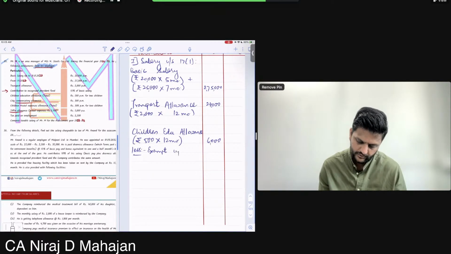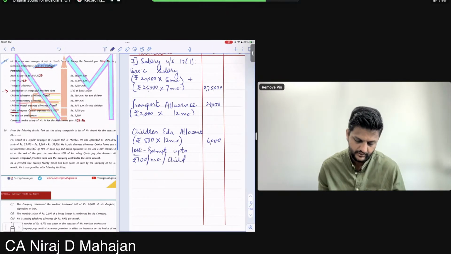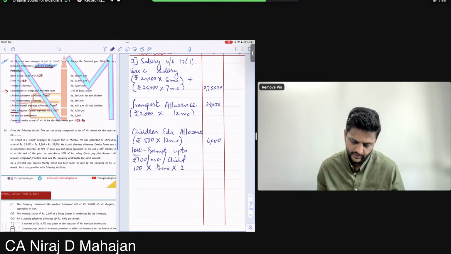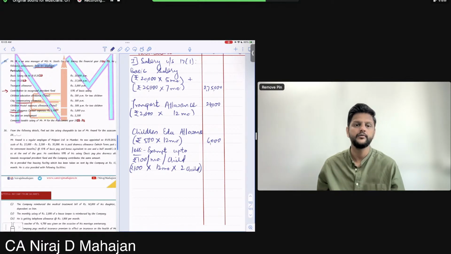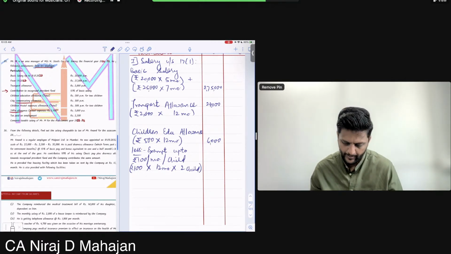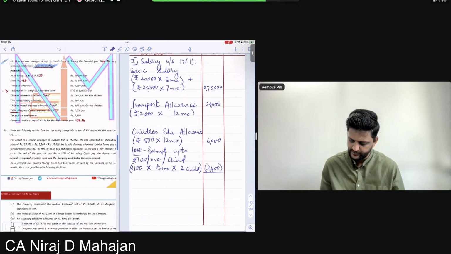Exempt up to rupees 100 per month per child. So 100 into 12 months into 2 children. The limit is also for 2 children. So 2,400 will be exempt. 3,600 taxable.